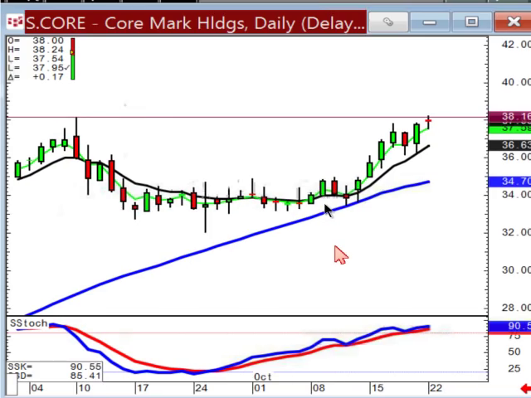That what pattern is setting up? The fry pan bottom. So remember, if it opens positive, what's that telling us about the fry pan bottom breakout? It's breaking out.